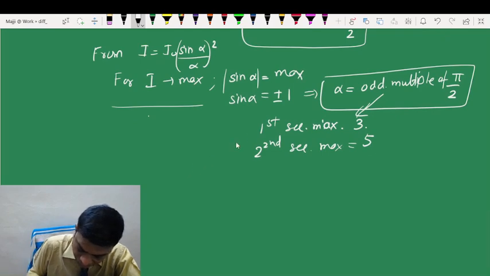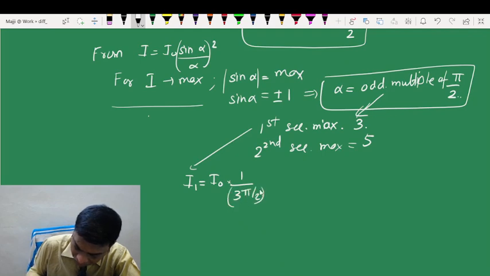Therefore the intensity corresponding to this will be I naught into 1 upon alpha, where alpha is 3 pi by 2, whole square.